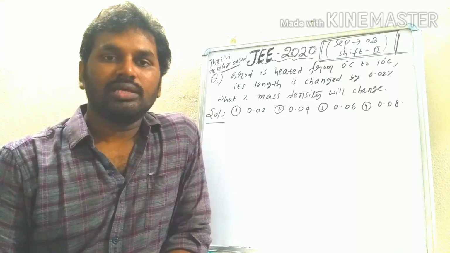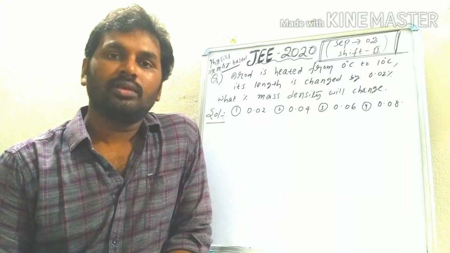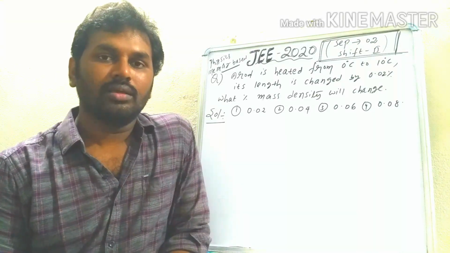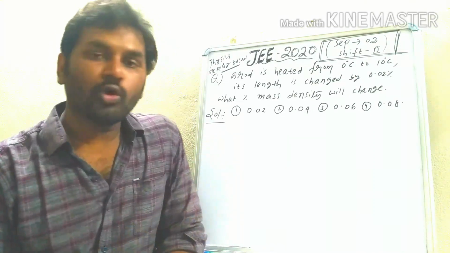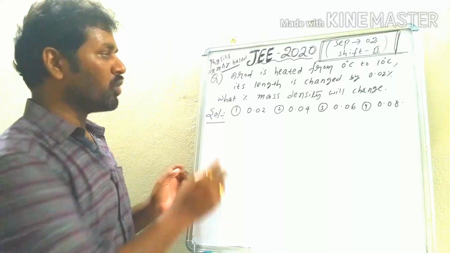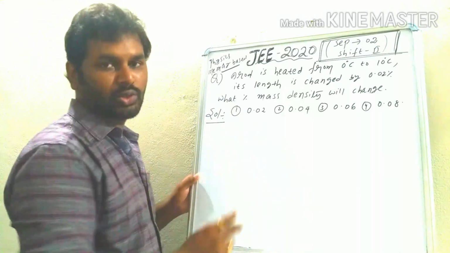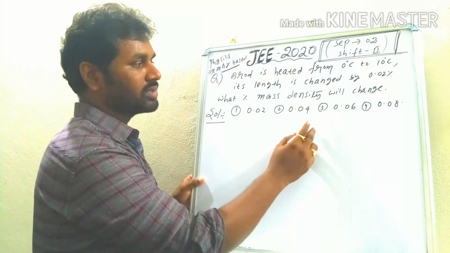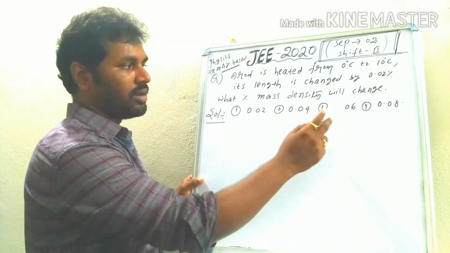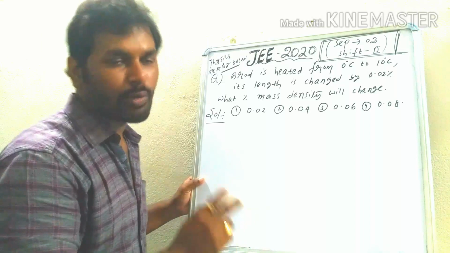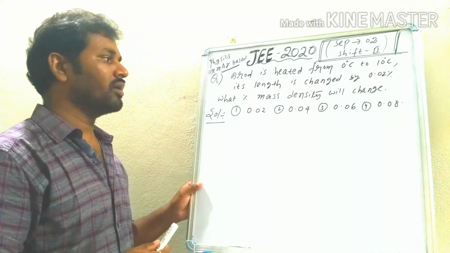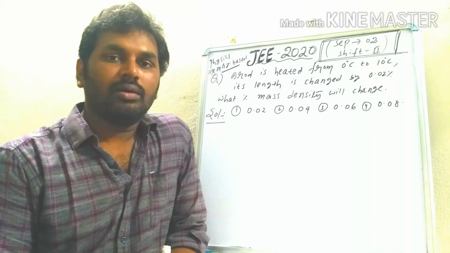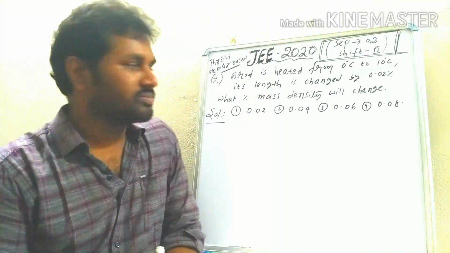This question is asked from the chapter Thermal Expansion of Materials. We have four options: option 1 is 0.02, option 2 is 0.04, option 3 is 0.06, and the fourth option is 0.08.